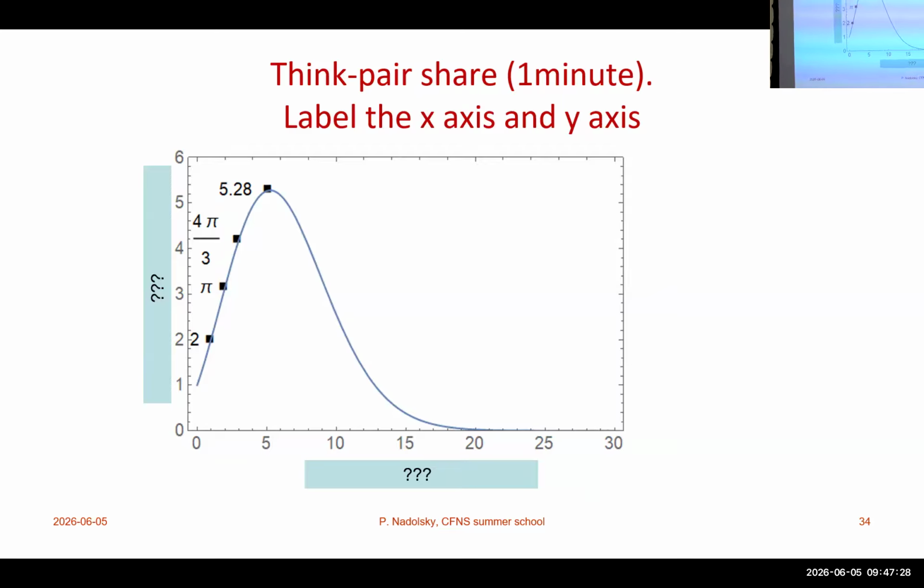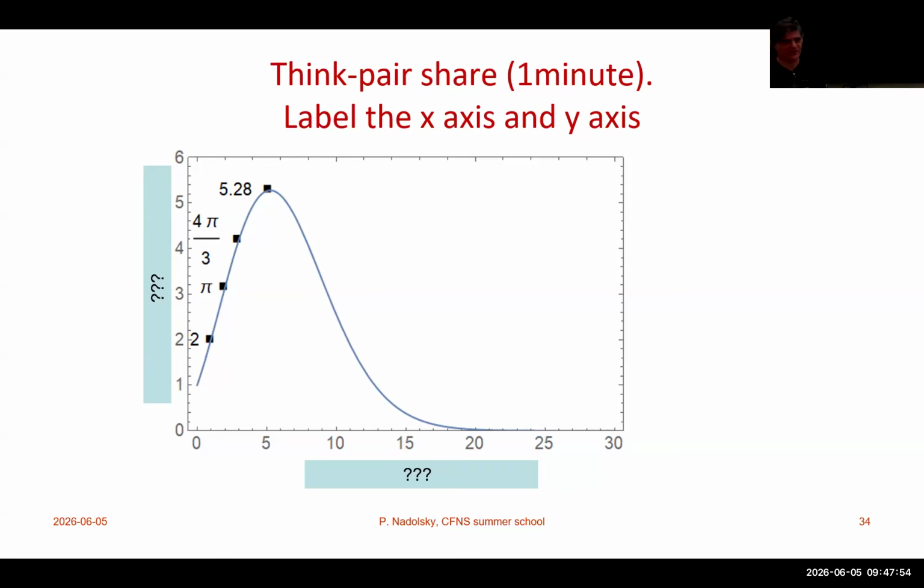What am I plotting here? So can you have a guess? Basically, I give you the values of this function for the values of the parameter equal to 1, 2, 3, and 4. And so these are the values. But then what does this function represent? What property or what object has the property described by this function?